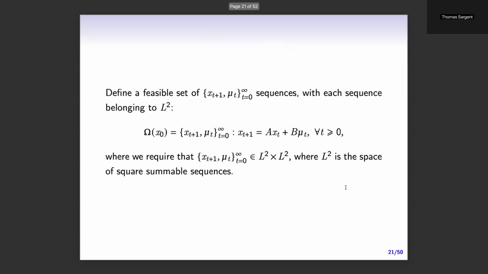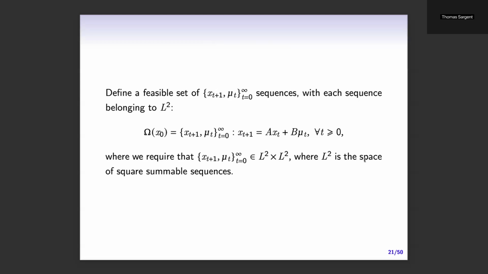Let's see how that does. The way we do that is we're just going to rewrite the math that we had in terms of defining this set, omega of x0. We're going to require that this continuation sequence belongs to it.